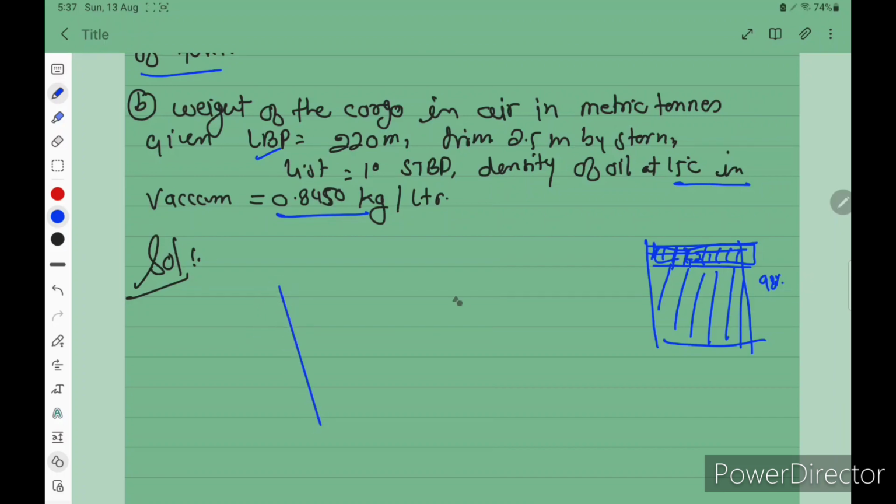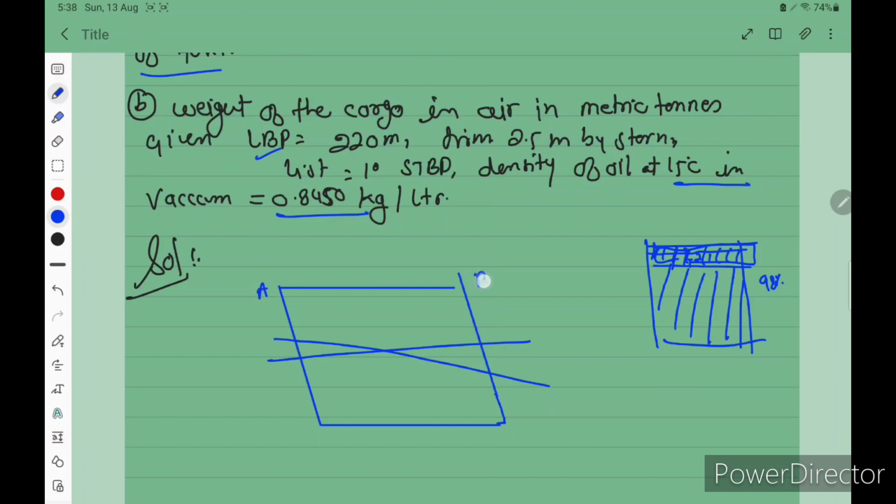So trim by stern, observed ullage, so this is your diagram.